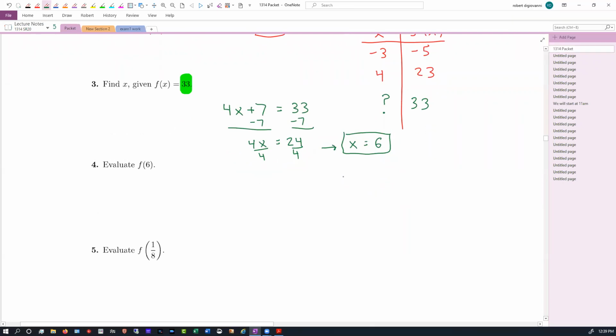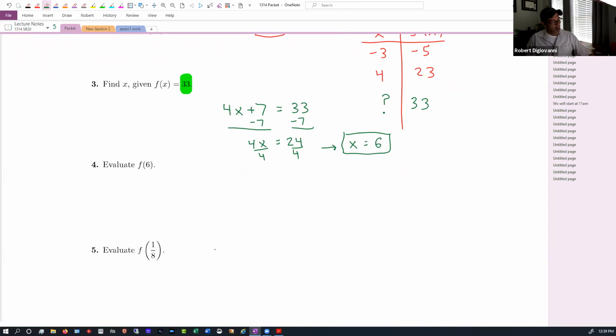Let me do number 5 because it's a fraction. So all we're going to do here is take our equation, replace the x with 1/8, and then add 7. And we're going to figure out what happens. So on this multiplication, just do it like this: 4/1 times 1/8 plus 7. You could then reduce this fraction, something like that. So that'll turn out giving you 1/2 plus 7.